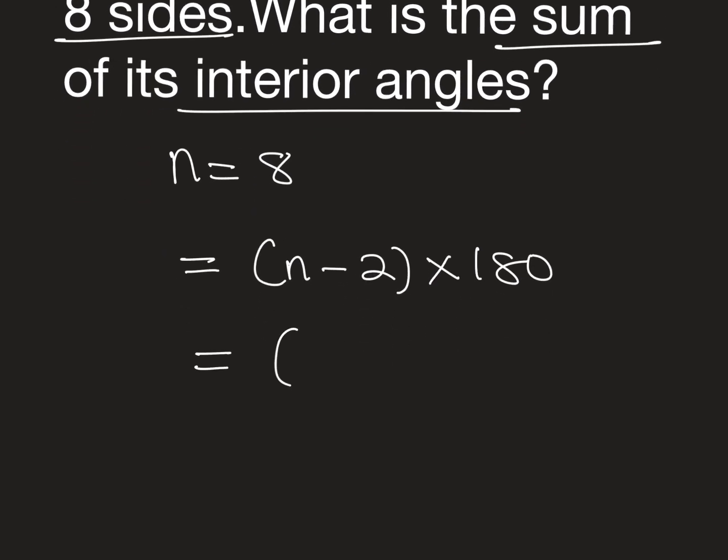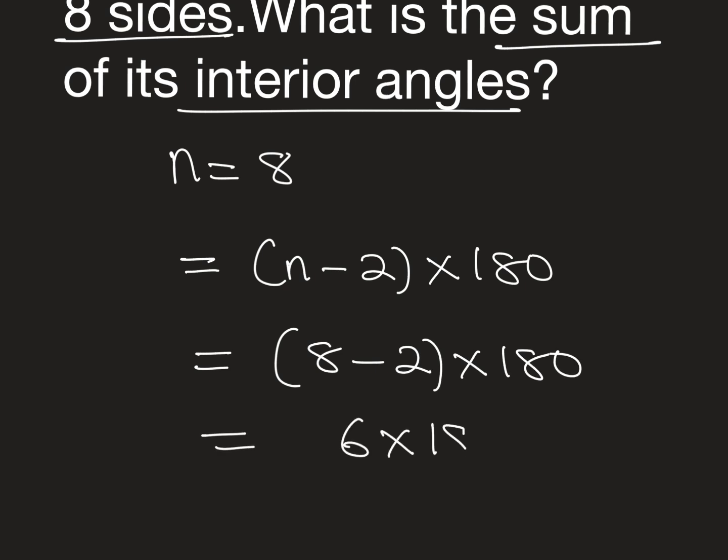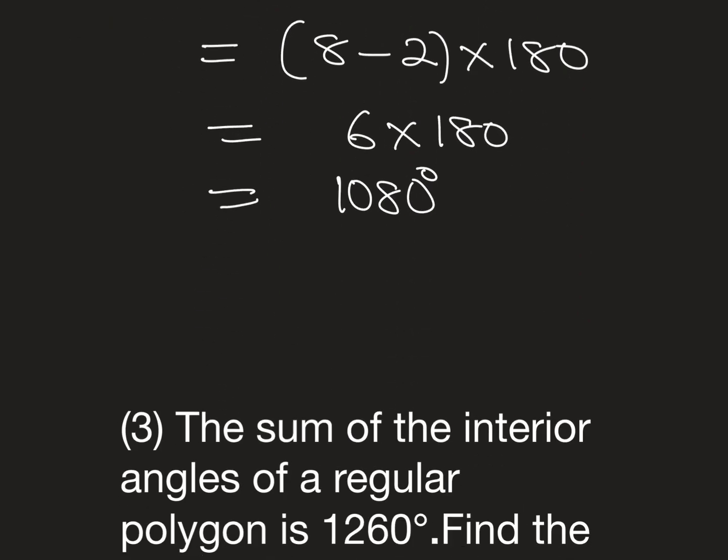So that's going to be (8 minus 2) multiplied by 180. That is 6 multiplied by 180, which is 1080 degrees. So that is the total sum of the interior angles of a polygon with 8 sides.